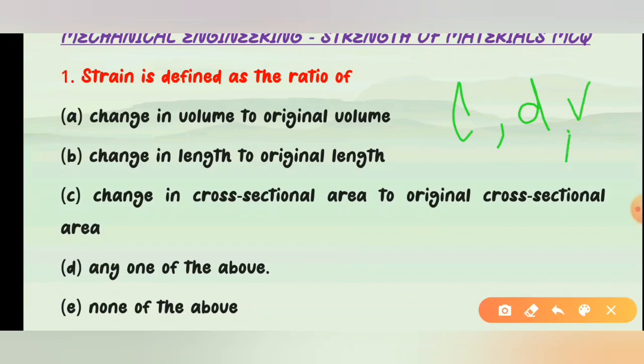Change in volume to original volume is known as volumetric strain. Change in length to original length is known as linear strain. Change in area to the original cross-sectional area is known as lateral strain. So any one of the above is the correct answer.